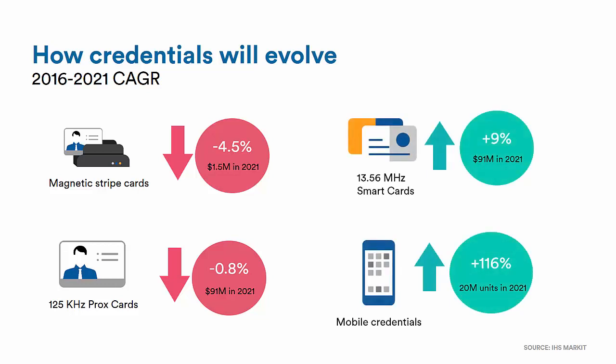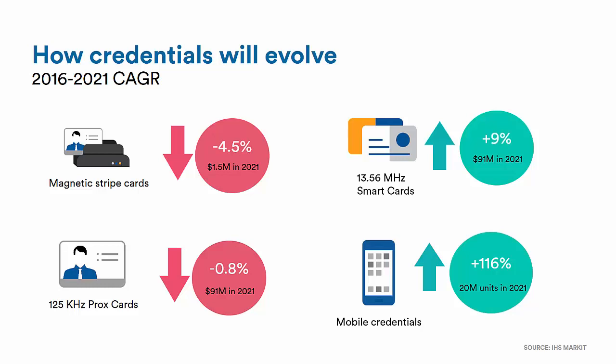IHS Markit expects 13.56 megahertz smart cards, which is the more secure alternative to the 125 kilohertz prox card, to grow at 9% compound annual growth rate, representing 91 million US dollars worth of cards, essentially equating the same amount of volume of US dollars as the 125 kilohertz cards.